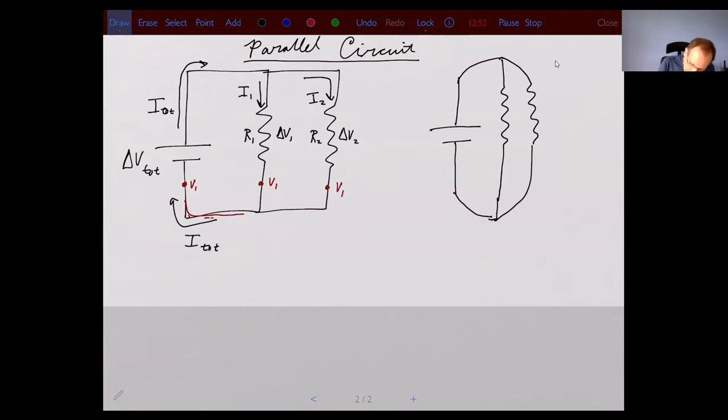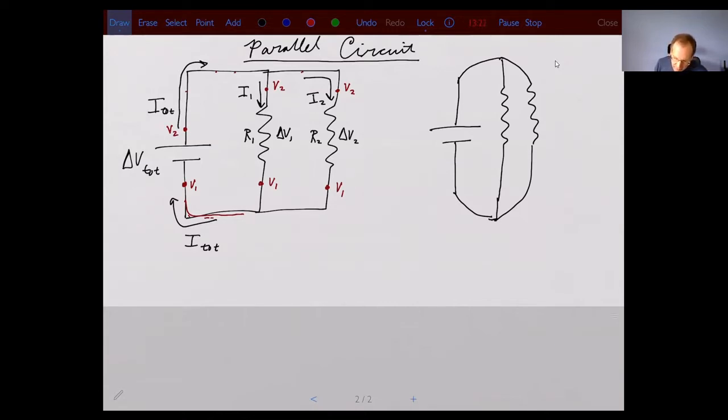Then on the other side of the battery, I have a higher potential, say V2. And since these are just wires, this is also V2. This is also V2, right? In fact, anywhere here would be V2. So if you look at that voltage drop, remember voltage drop is just V2 minus V1, the change in that potential.